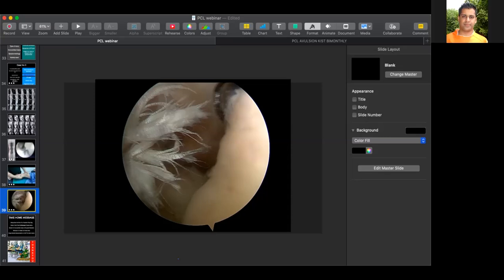Now, regarding the graft, apart from the hamstring graft and the peroneus longus graft, can we use quadriceps graft? Amit sir, please come in. Yeah, of course, quadriceps graft can be used, but what is the purpose? If you are doing an isolated PCL reconstruction, hamstring is the gold standard.